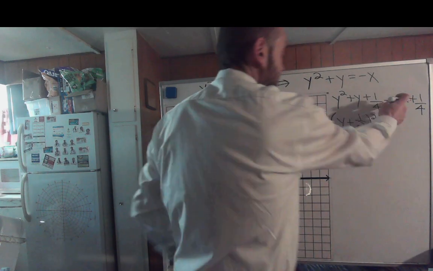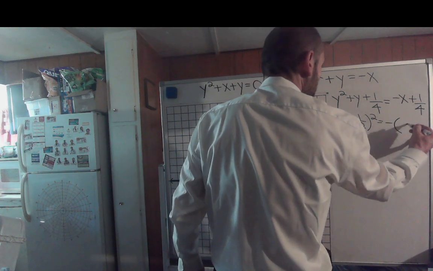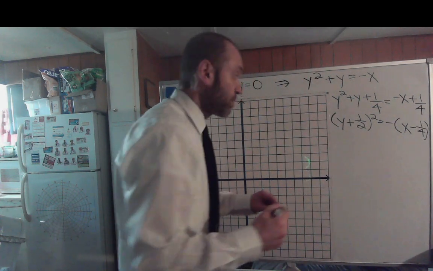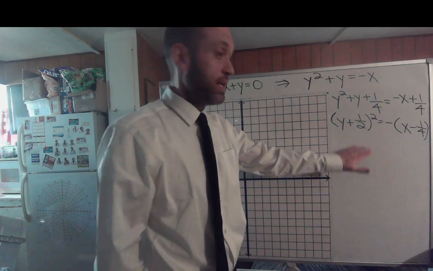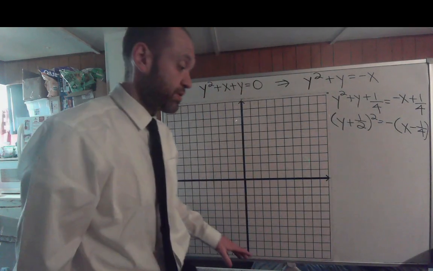So we need to factor out a negative 1 from both terms. You would end up getting negative of the quantity of x minus 1/4. Now you have this in a form you can work with. So this would turn into y plus 1/2 quantity squared equals negative of the quantity of x minus 1/4.